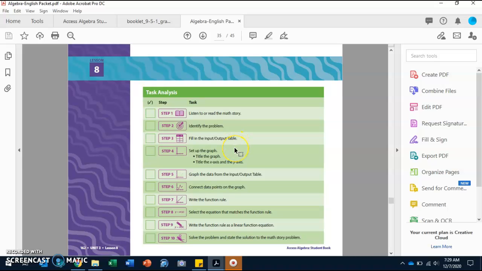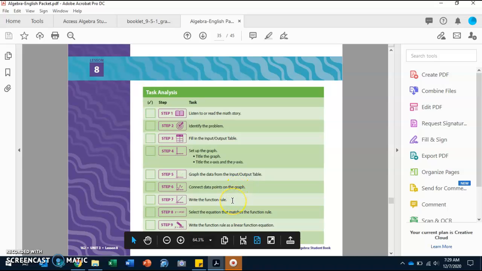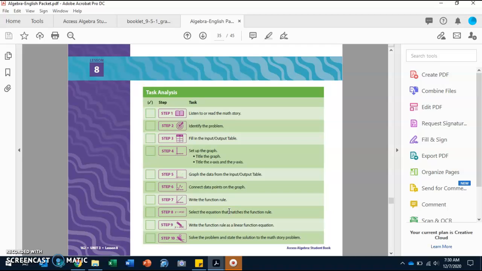And then we are going to set up a graph, title the graph, title the x-axis and y-axis, graph the data from the input and output table into the graph, and then connect the points on the graph, write the function rule, and select the equation that matches this function rule. So there's a couple of steps we are going to follow.